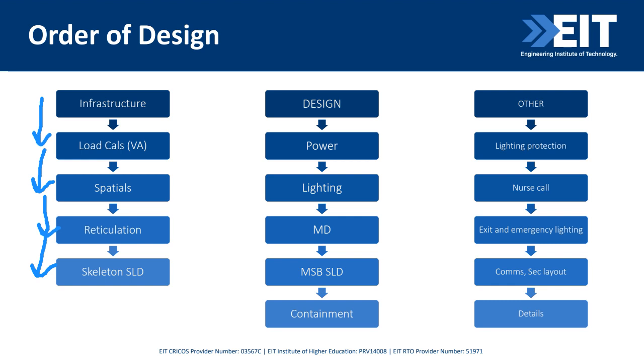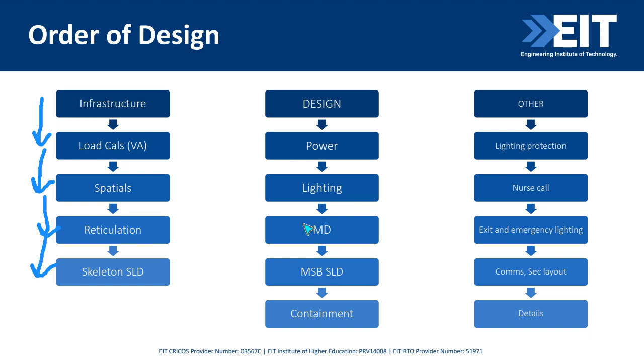So typically, this first step is done very early in the project. Once you move into your detailed design, we start working through our design process. So typically this means we've got power, being power layouts, lighting, like we've spoken about, your maximum demand, which is your MD, so your detailed load.